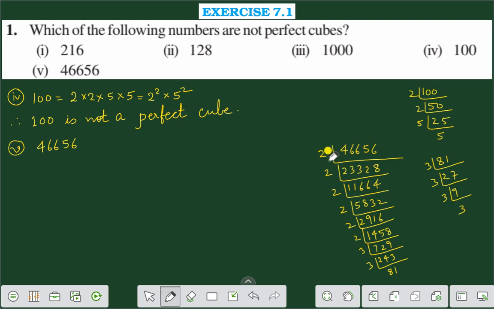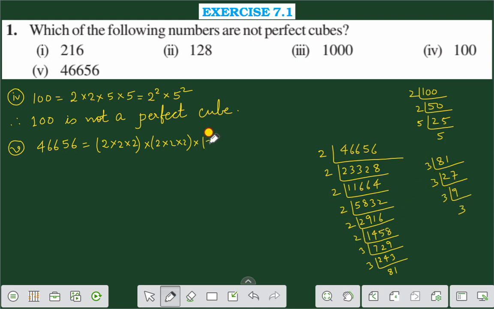How many 2s are there? 1, 2, 3, 4, 5, 6. Therefore, we are writing 2 into 2 into 2, and again 2 into 2 into 2. How many 3s are there? 1, 2, 3, 4, 5, 6.